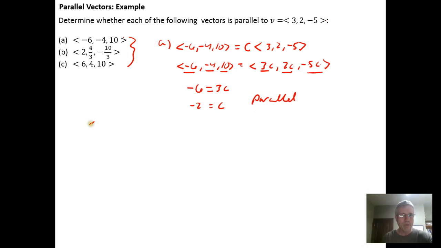For B, for the vector 2, 4/3, -10/3, we're still looking to see, is there a scalar c so that when I multiply it by the vector 3, 2, -5, the vectors are exactly the same. Notice that 2 is going to need to equal 3 times c.